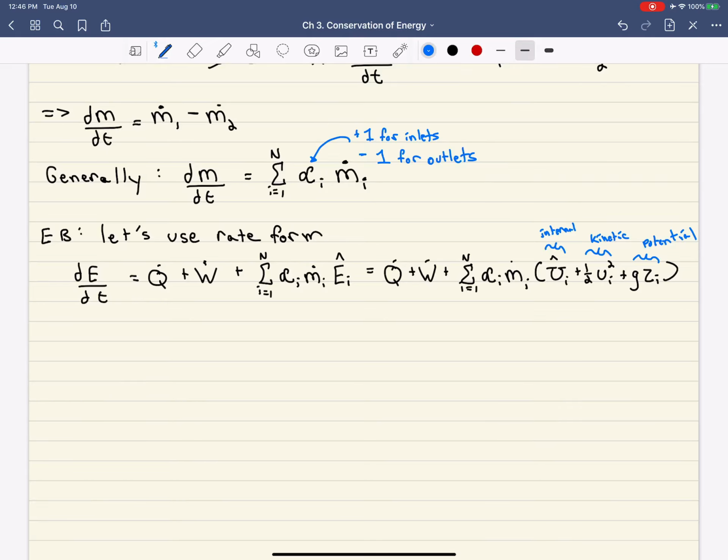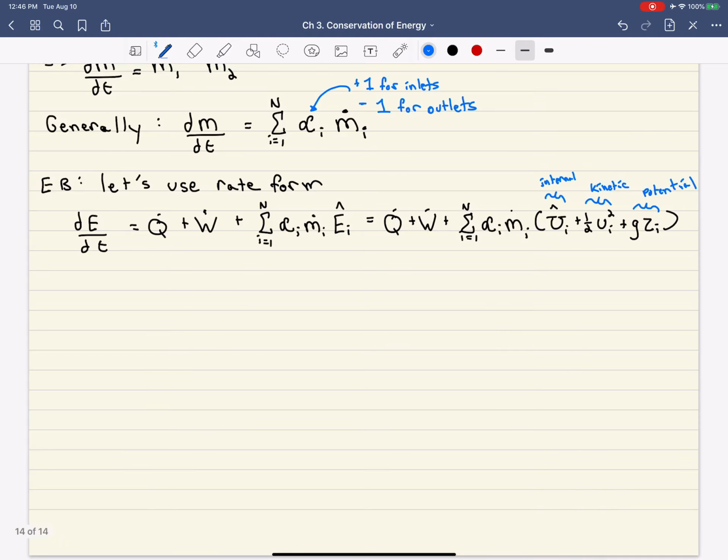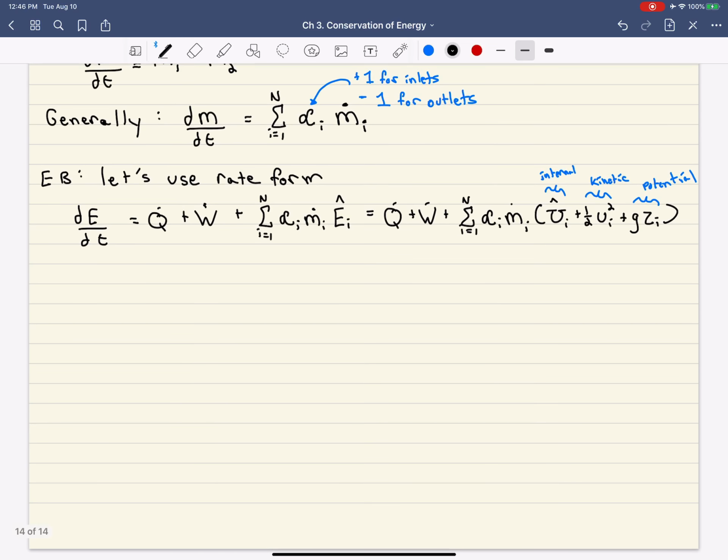Alright, so we have a form of the energy balance for the open system, but we could also play a few more tricks in order to simplify this equation to make it easier to manipulate. Right? And so what we're going to do is remember that our work rate, our W dot here, could be described as a sum of the shaft work plus the flow work.